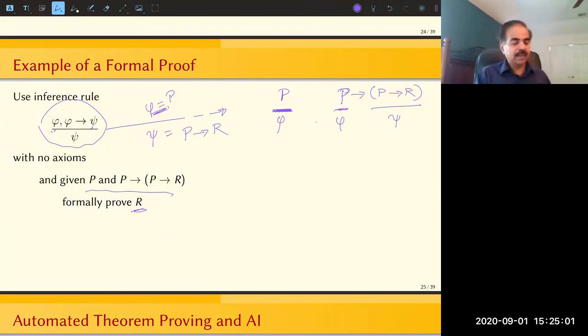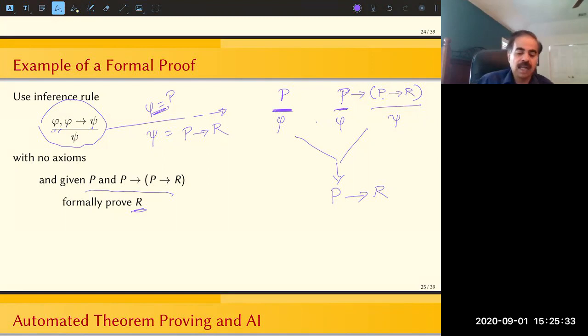Again, the way to read an inference rule is that the preconditions for applying the inference rule are above the line, and what you can conclude based on those preconditions is below the line. So we apply the inference rule, and we can derive psi, and we said that psi is nothing but P goes to R. So we can derive P implies R from these two steps.